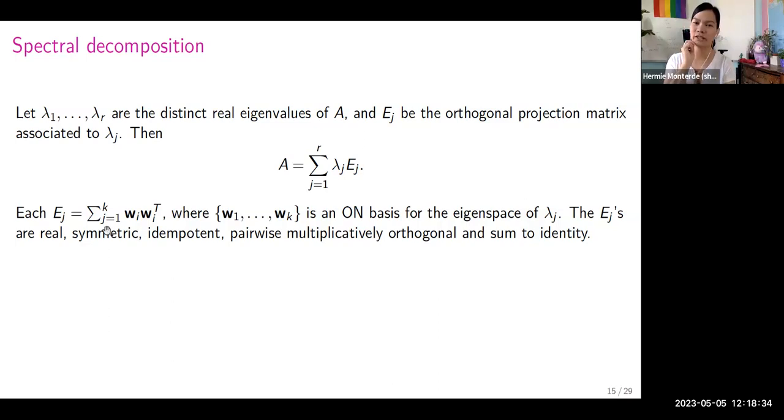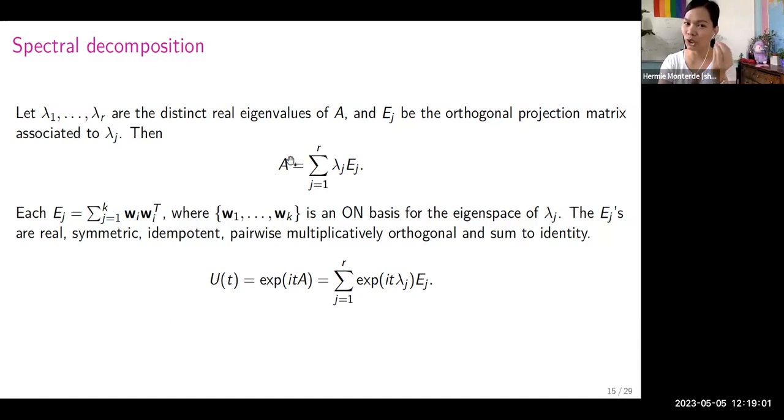This E_j is real because A is real. The E_j's are real, symmetric, idempotent, pairwise multiplicatively orthogonal, and they sum to identity. Very nice properties for a set of matrices. And lastly, this is the most important bit.